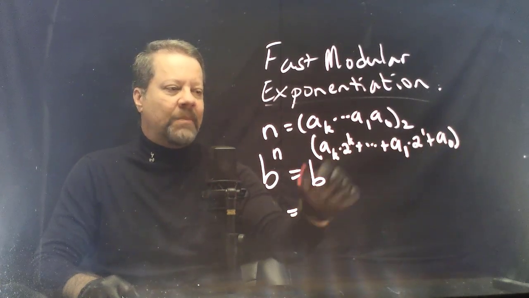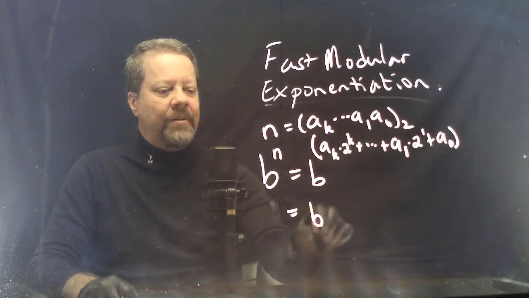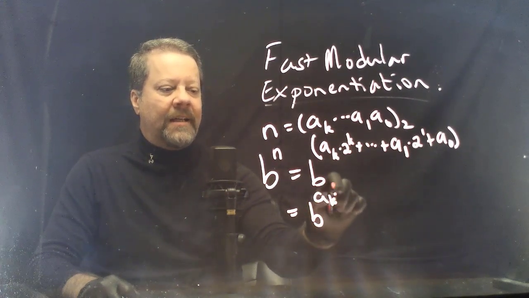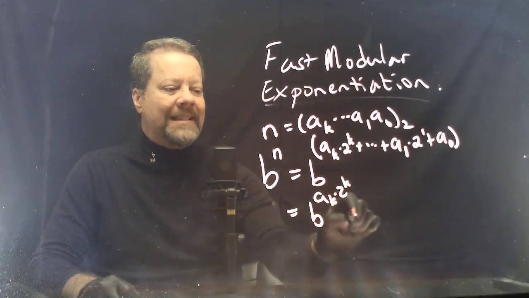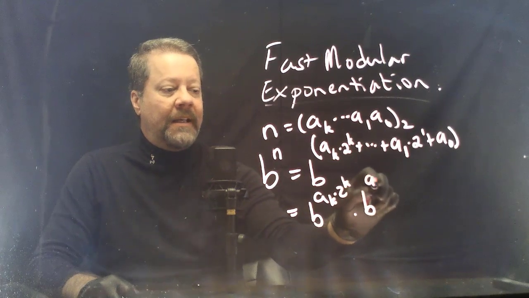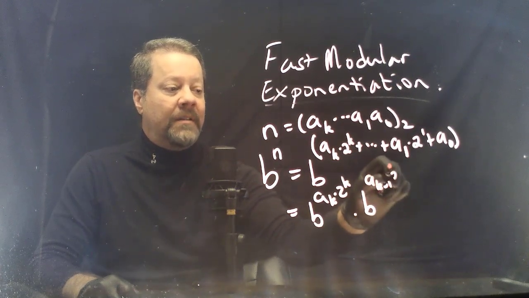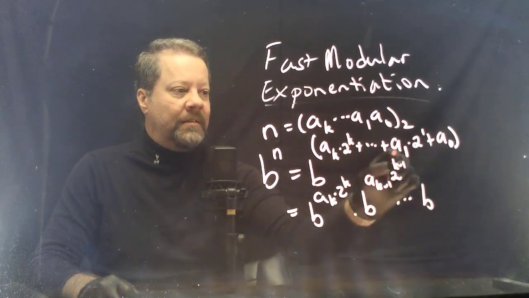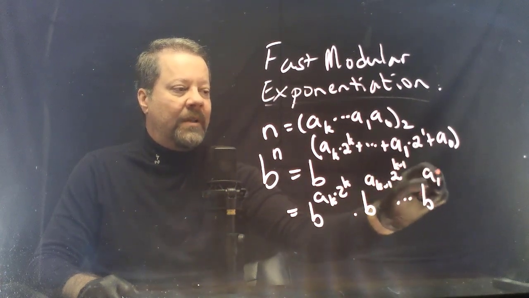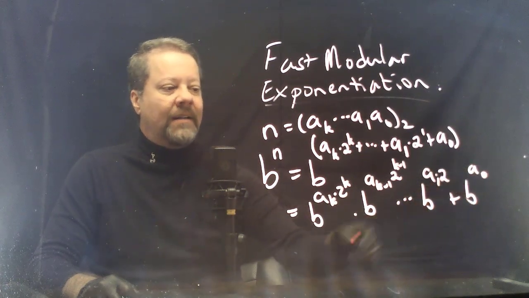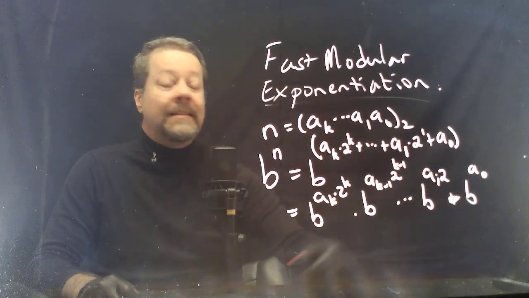And we know we can split this up into b to the a_k times 2 to the k, times b to the a_(k-1) times 2 to the k minus 1, and so on, down to b to the a_1 times 2, times b to the power a_0. Oh, not plus, but rather times.